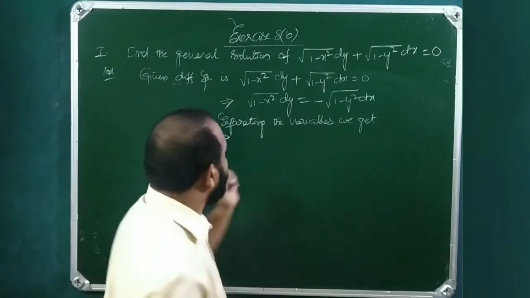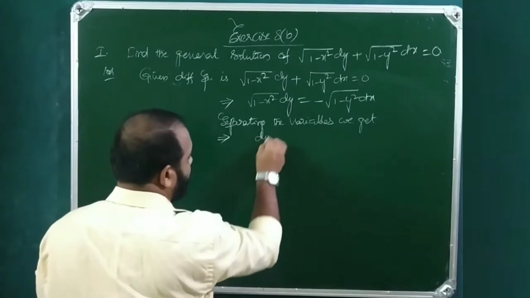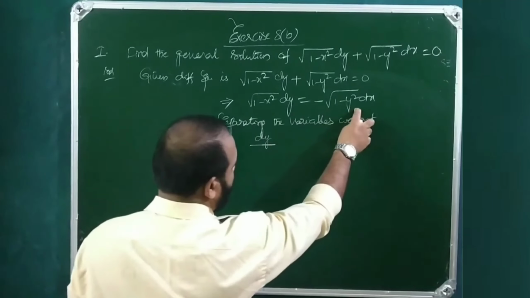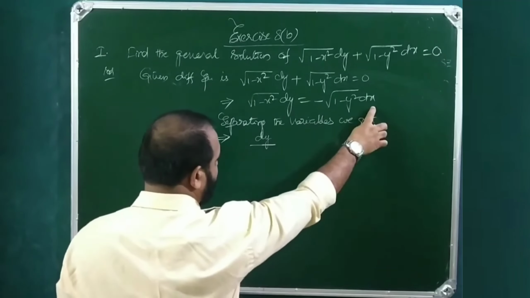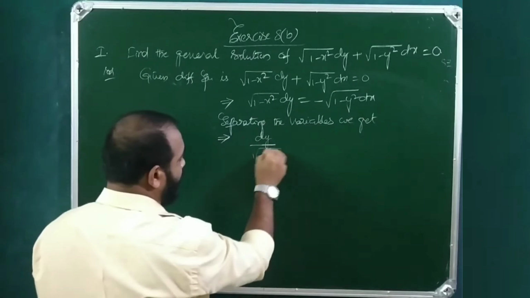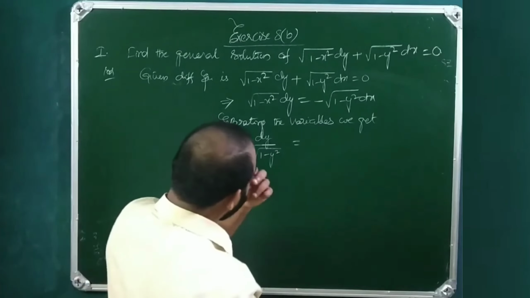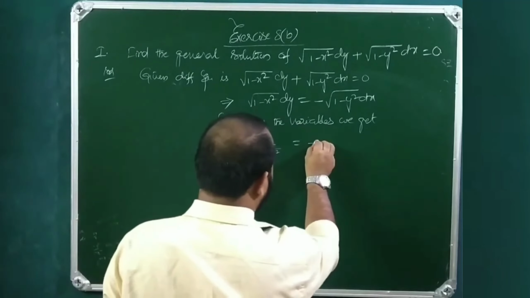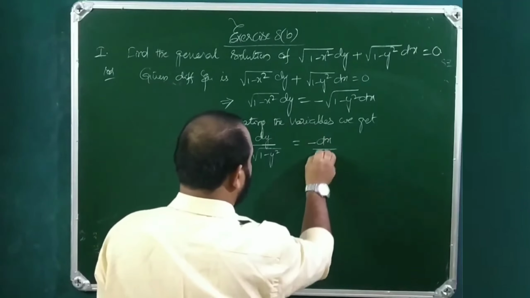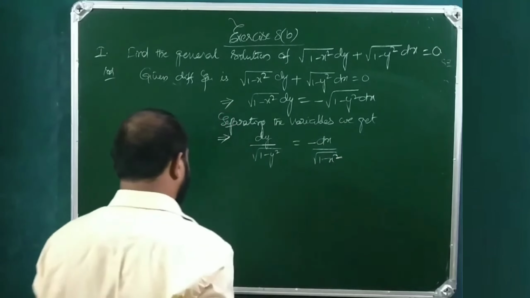So dy by 1 minus y square, if you transpose root of 1 minus y square, it is getting multiplied with dx, so when it comes over, it will be dividing. So dy by root of 1 minus y square is equal to minus dx by root of 1 minus x square.